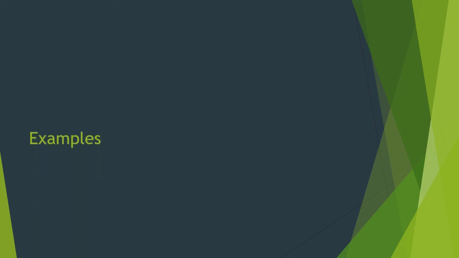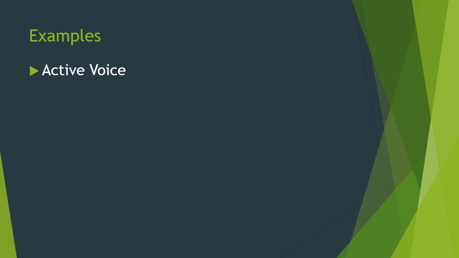Let us make it clear with examples. How to change active voice imperative to passive voice imperative. First example: close the door. It is an order and the subject you is not mentioned in active voice.